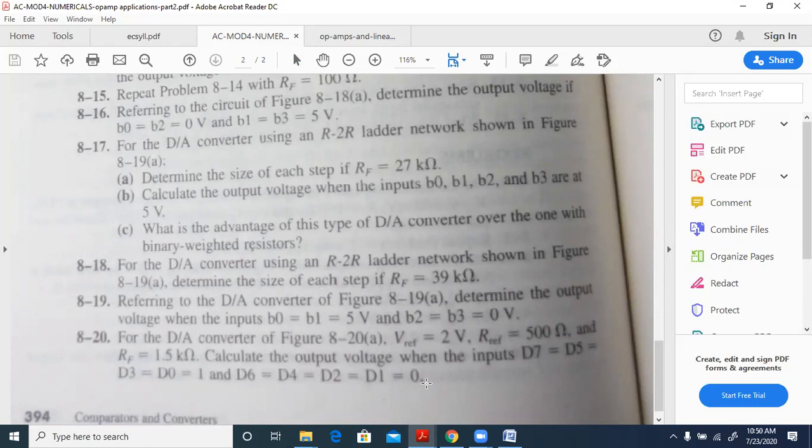So what will it be? Binary will be how much? Please write down in the chat box what will be the binary value corresponding to this.